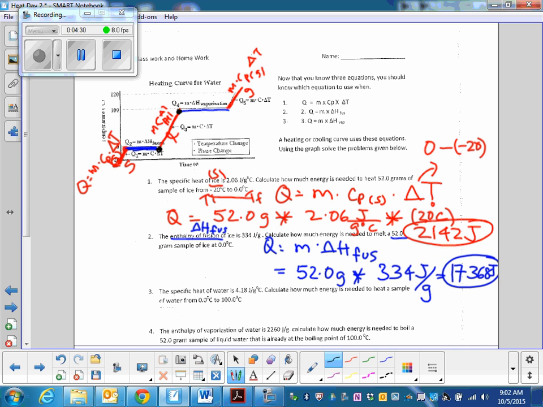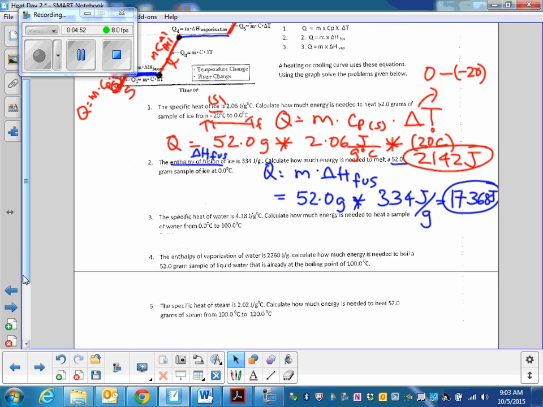Who can tell me? Is it the second? Is it becoming a vapor there? Yeah, it is the third. Along the slope, it is mCp delta T. So my equation will be Q equals M times Cp times delta T.